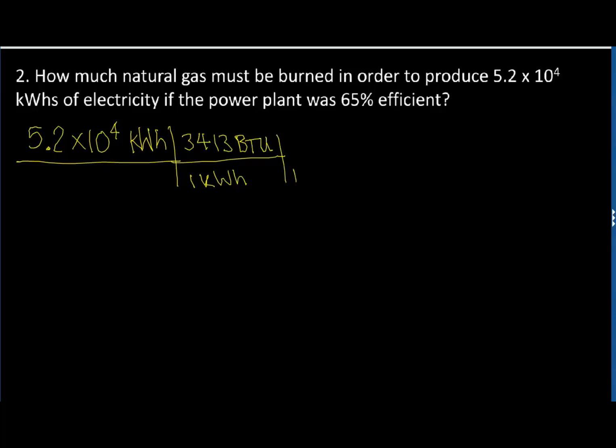And then I'm going to convert the BTUs to cubic feet. So basically, when I start these problems, I start with whatever they give me, and then I just convert until I get what I need, if that makes sense.